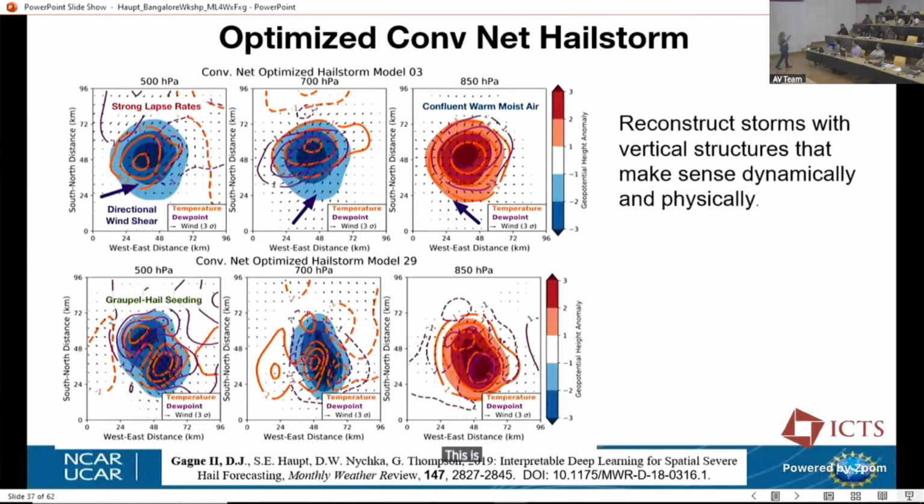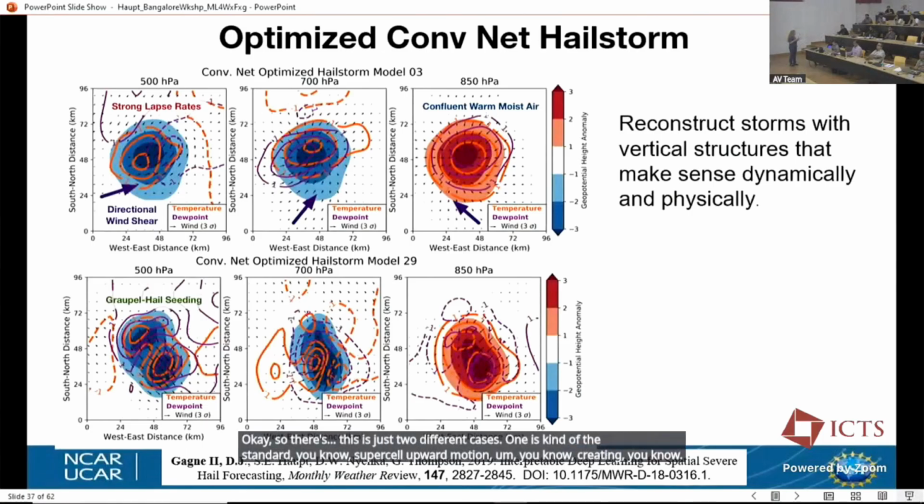This is the output of the model, some of the cases that predicted hail. Okay, so this is just two different cases. One is kind of the standard supercell upward motion, creating very strong hail.